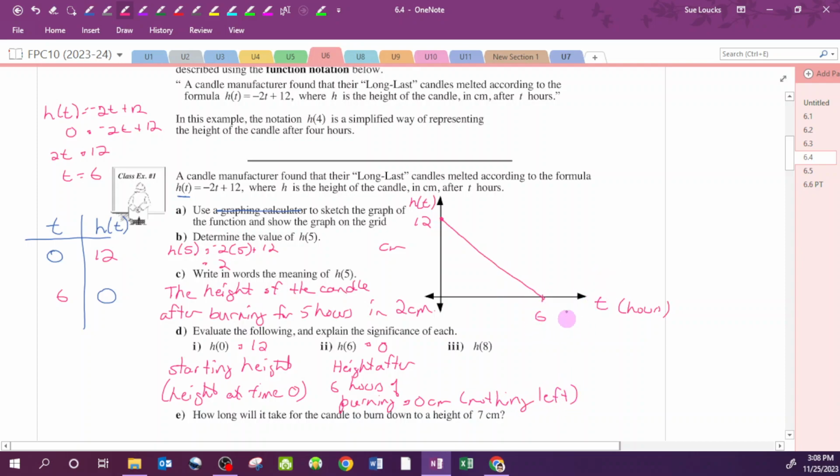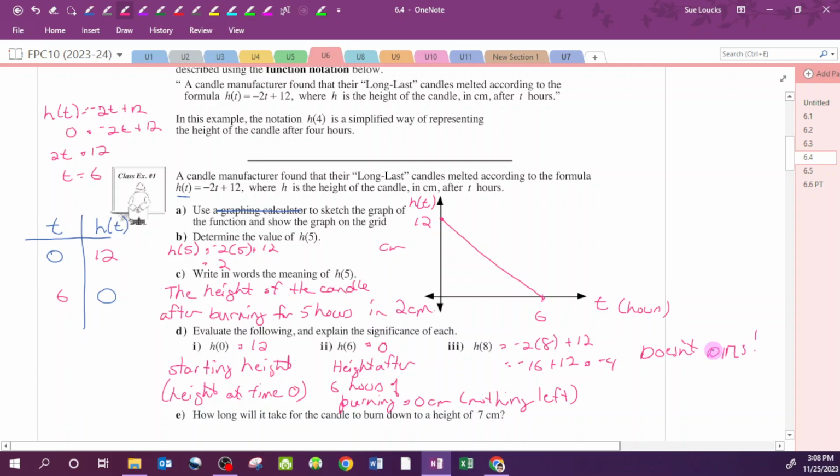And h of 8, well, if we were to calculate that, it's minus 2 times 8 plus 12. So that's minus 16 plus 12 equals negative 4.